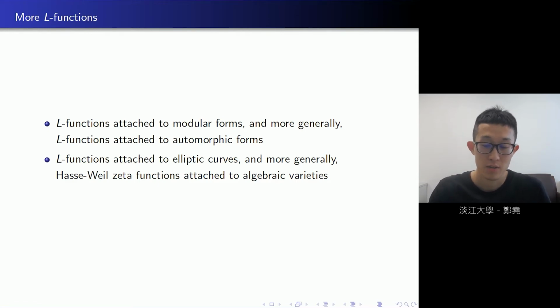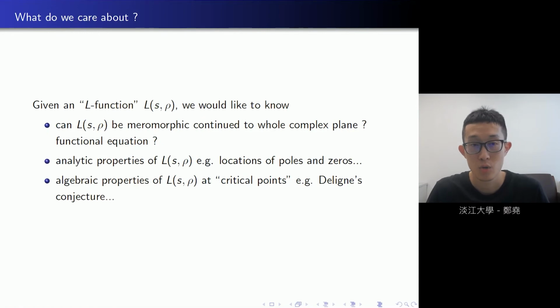So now I guess the natural question is, what do we care about? Given an L-function, of course, we would like to know if it can be meromorphically continued to the whole complex plane. And in addition, we also want to know some analytic properties of L-functions, such as the location of poles and zeros.